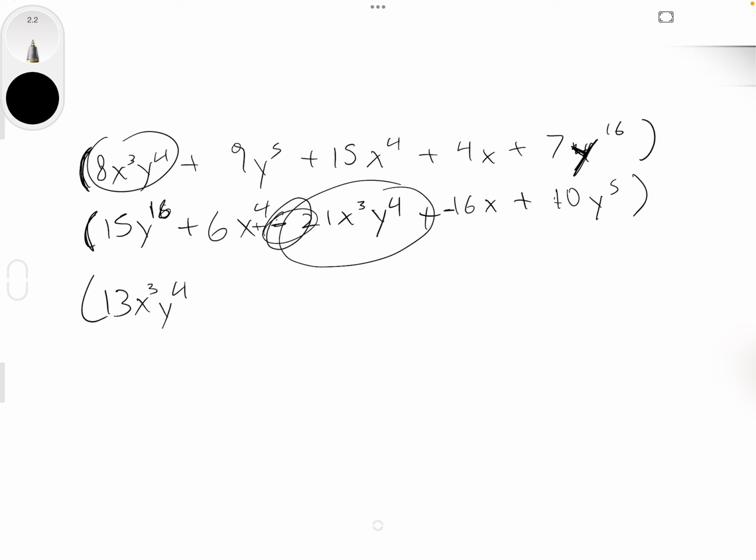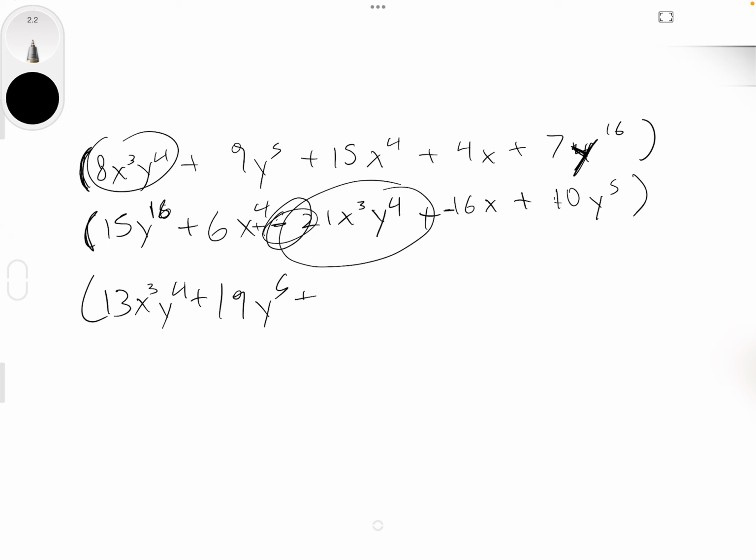Okay, and then next let's find the like term for 9y to the 5th. That would be 10y to the 5th. So that would just be 19y to the 5th.